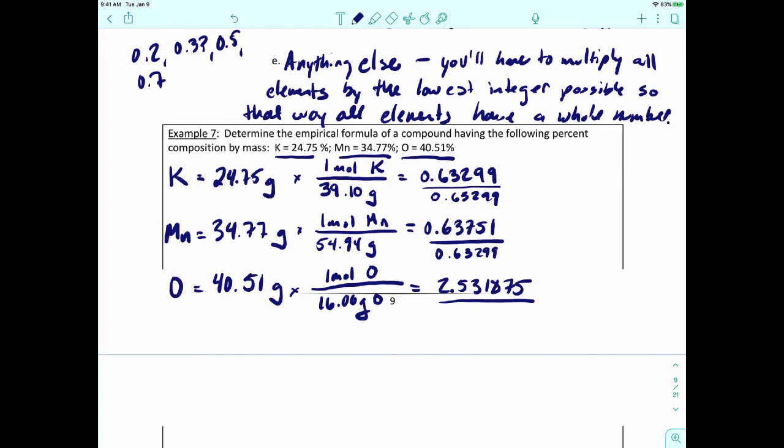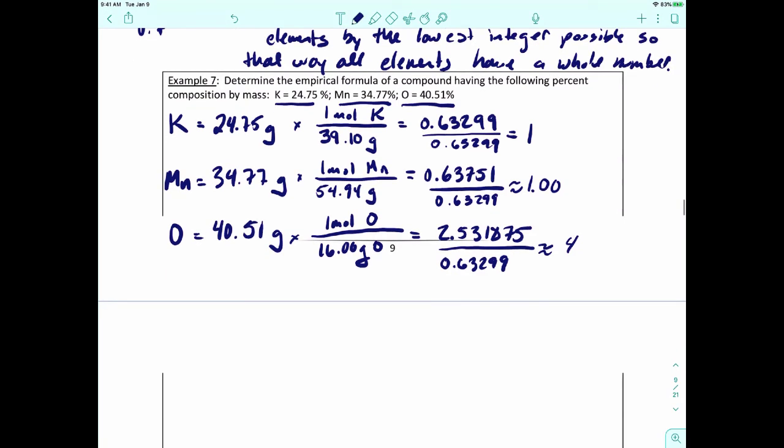So the number for potassium is going to be 1. If you do 0.63751 divided by 0.63299, it's going to be really close to 1, something like 1.007. But the number for oxygen, if you divide 2.5318 by 0.63299, this comes out to roughly 4.